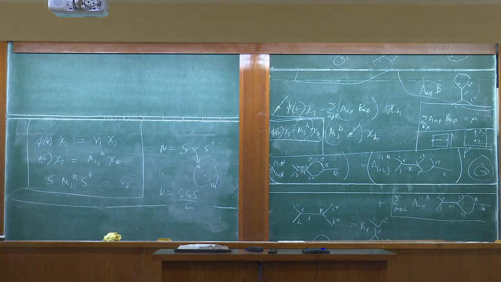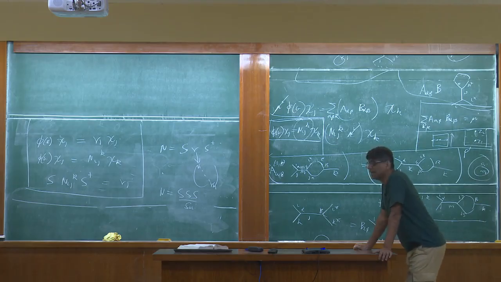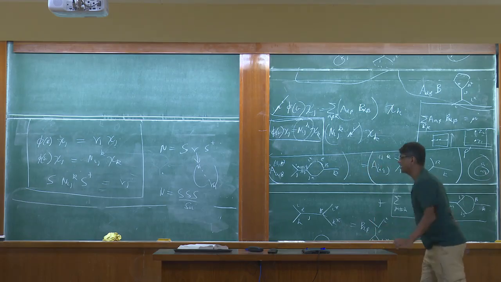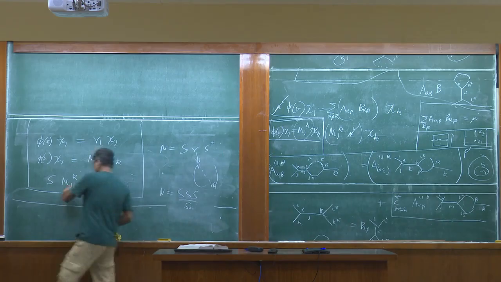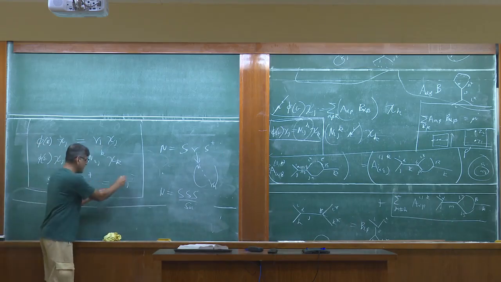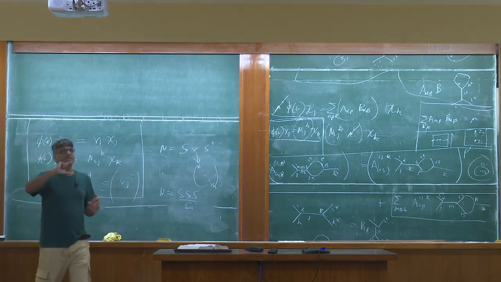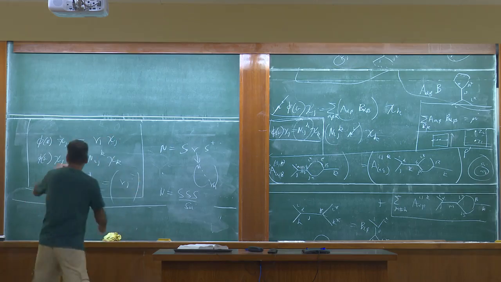Yes. You are treating this N_ijk as a matrix with left and right indices J and K, right? Or maybe I was treating it as N, this index. I wanted this to be a diagonal matrix whose values were, let's look at this object.